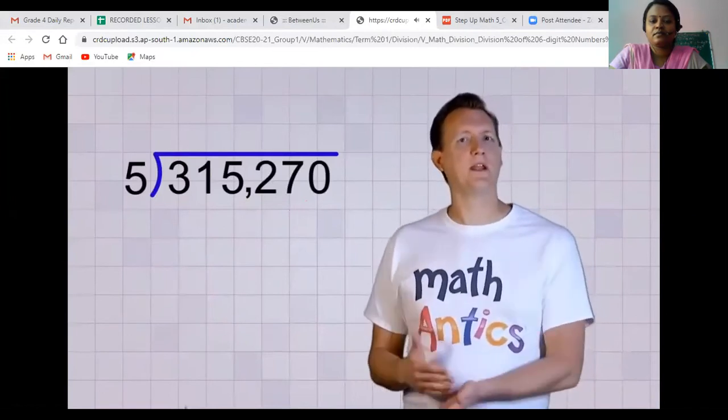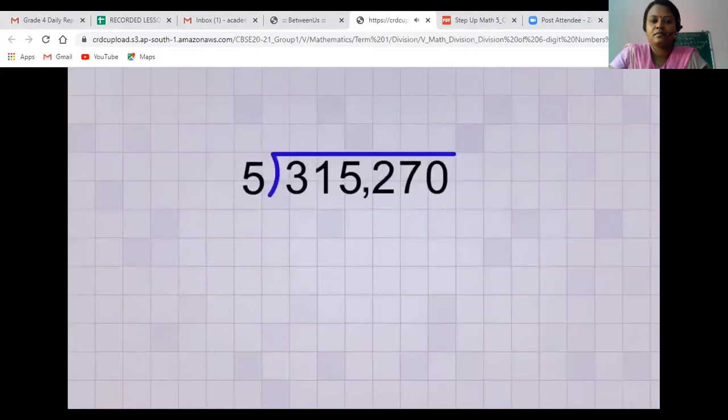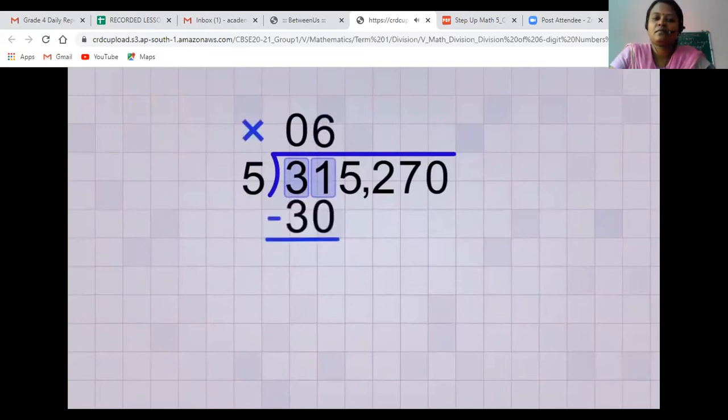Just focus on the repeating division process as we go along. Are you ready? The first digit is 3. How many times will 5 divide into 3? 0. 5's too big, so let's just skip that step and combine our first digit with our next digit. So how many times does 5 divide into 31? 6. 6 times 5 is 30, and 31 minus 30 gives us a remainder of 1.